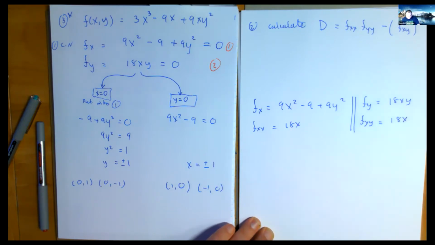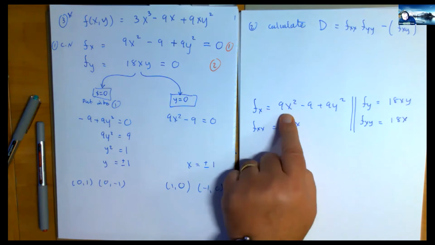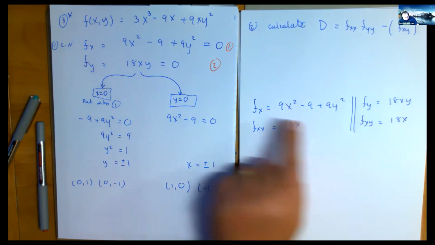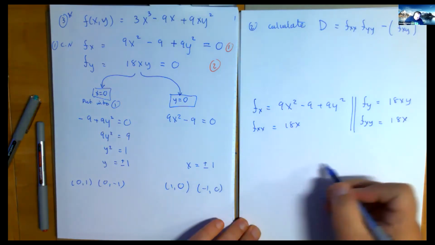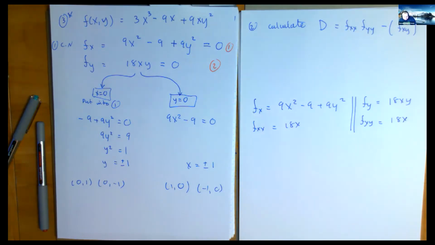Let me check that. Huh. No reason they should be equal, it's just kind of curious that they are. That's fine. Oh, and I need to know one more thing. Don't I need to know one more partial derivative to be able to get D? Which one have I not done yet? fxy. Right.